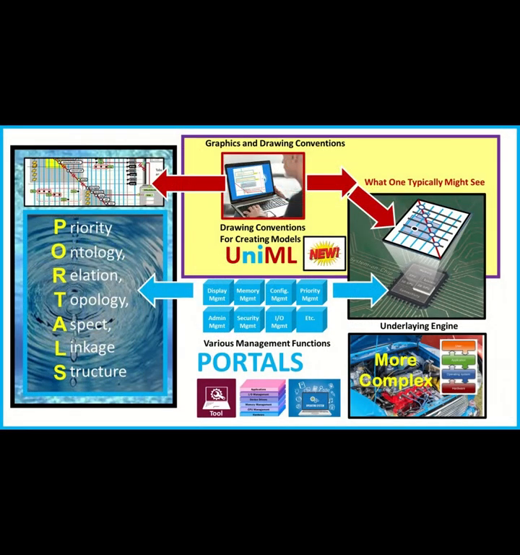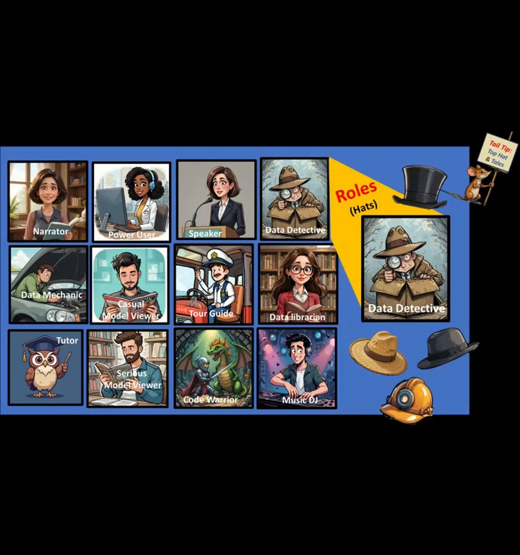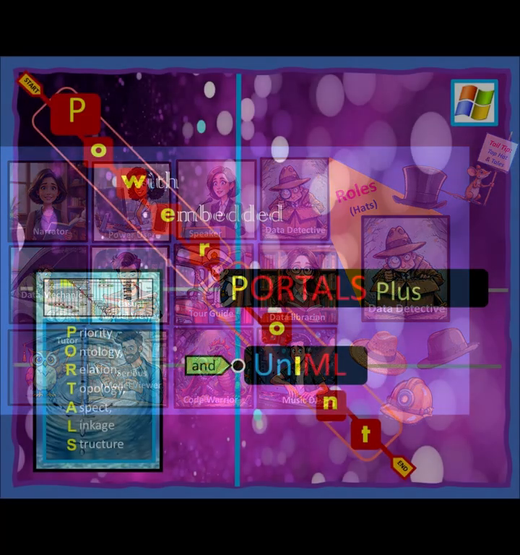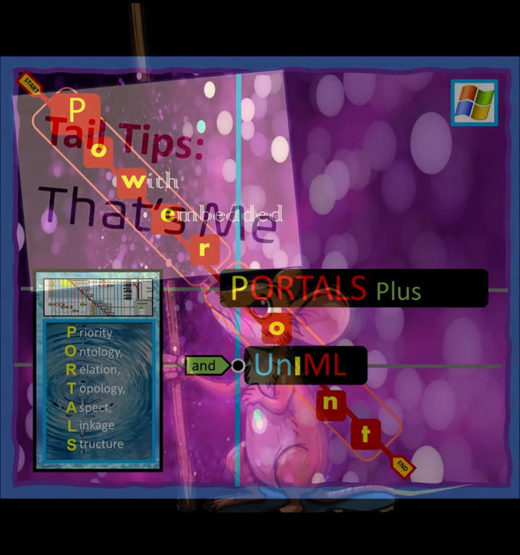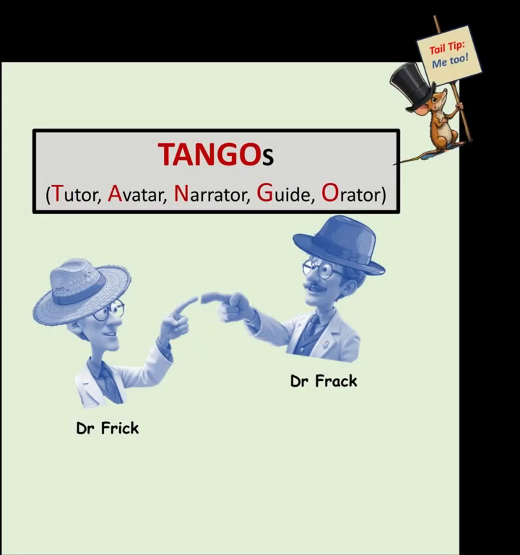Oh, UniML, the future's bright. From 0 to 1, the pearls take flight. Hags and mags, machine and man, building models step by plan. Little mouse with a tail tip sign points the way, it's learning time.